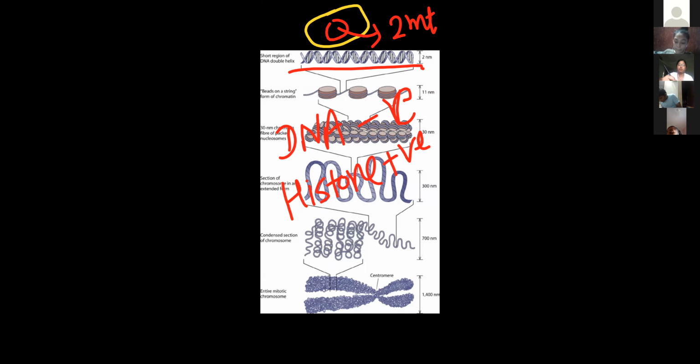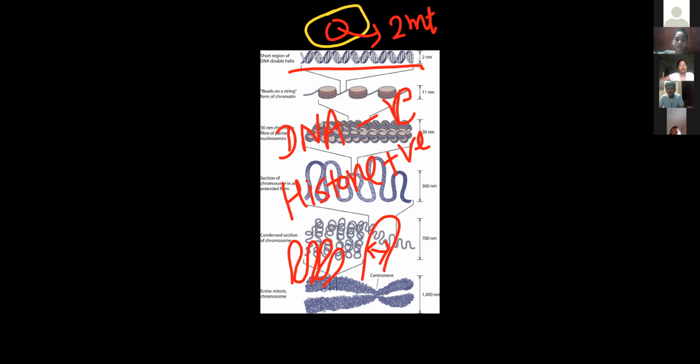Now, when we coil this DNA molecule in this way, what problem is created? It is a negatively charged molecule, so when two negative ends come close to each other, they show repulsion.